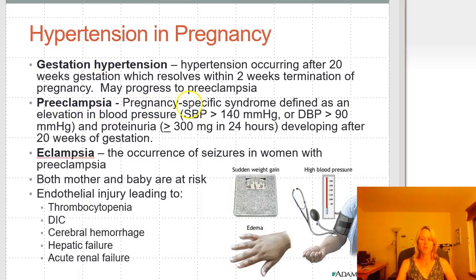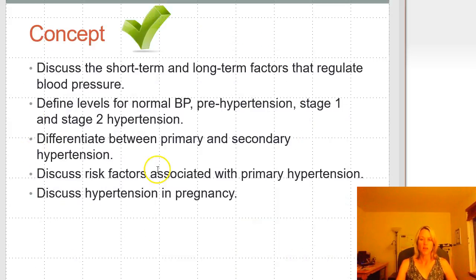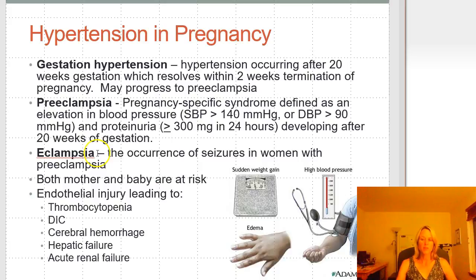Preeclampsia is specific to pregnancy and is defined as an elevation of blood pressure of systolic greater than 140 or diastolic greater than 90 and protein in the urine of greater than 300 milligrams in 24 hours. Once again, this is defined as developing after 20 weeks of gestation. And then eclampsia is when we see the occurrence of seizures in those women that have preeclampsia.